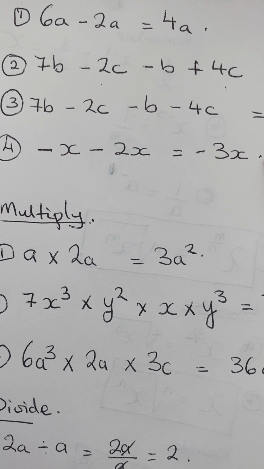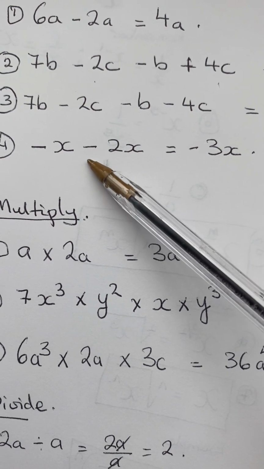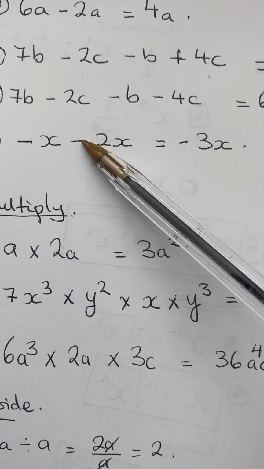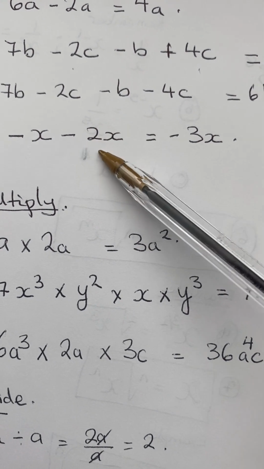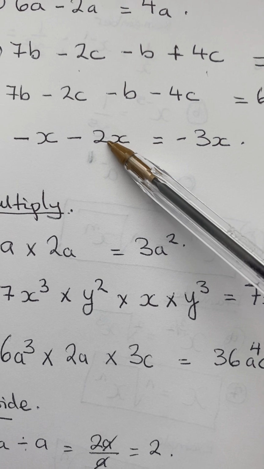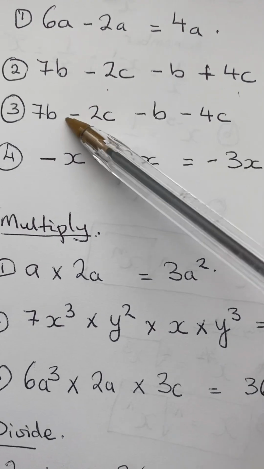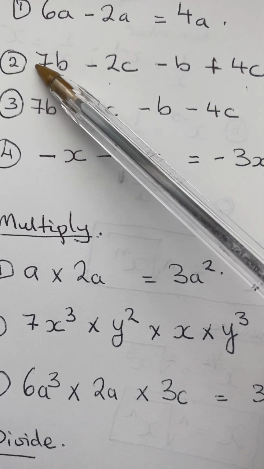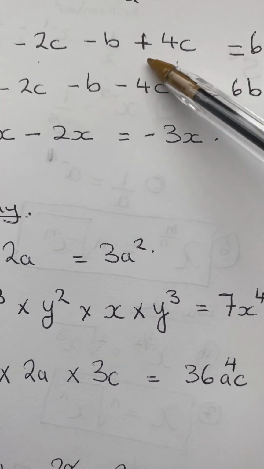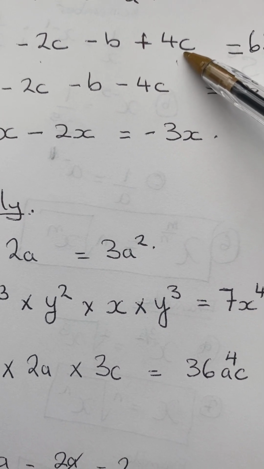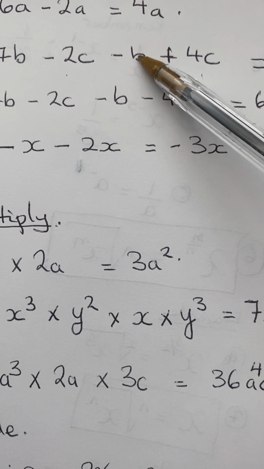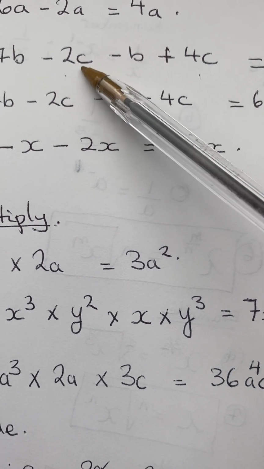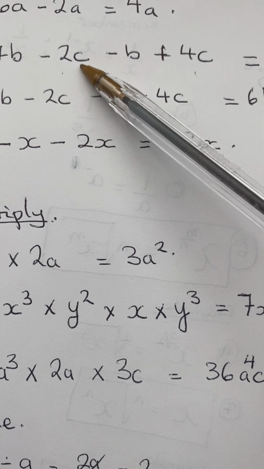Okay. And we also said that the symbol affects the number in front of it. So for instance, this is a +7, that is a plus 4c, but this minus affects the b, that minus affects the 2c.